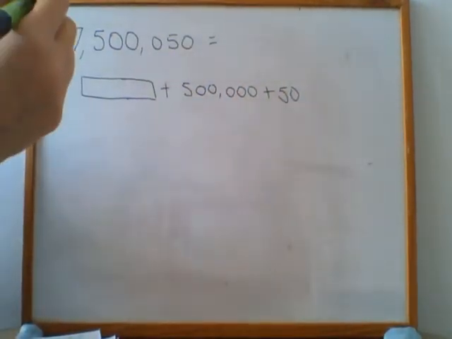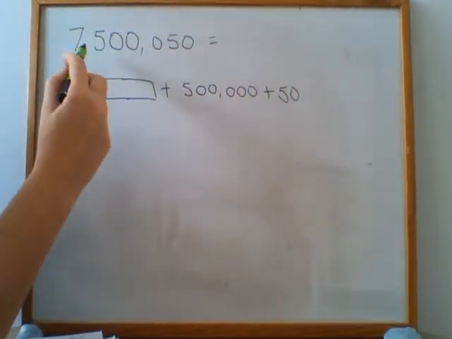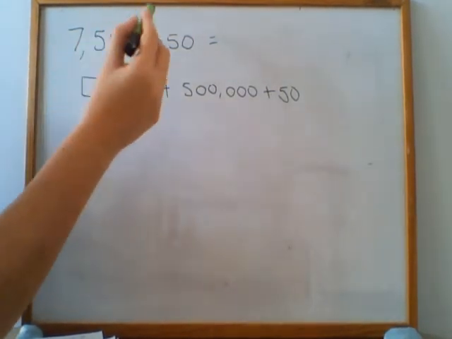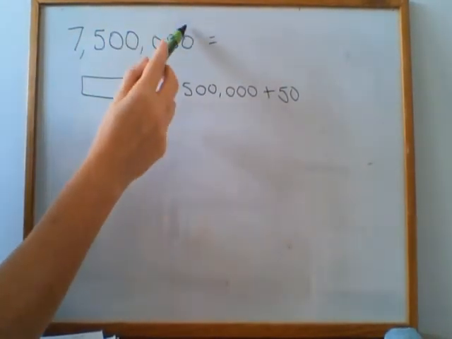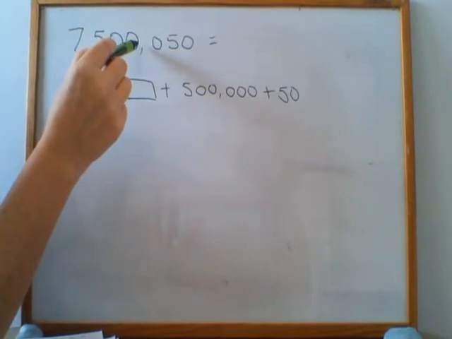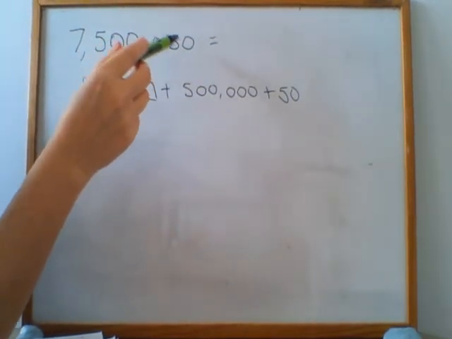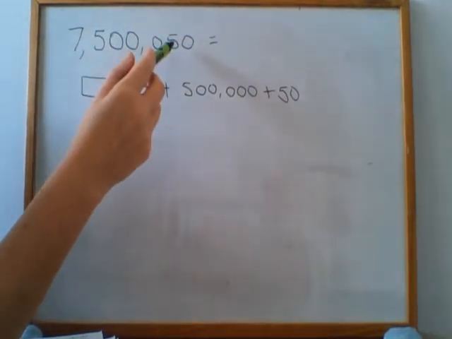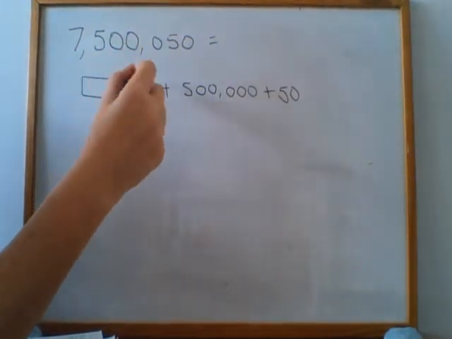Okay, so let's have a look at what that means. Probably the easiest way is to say this number out loud. You can use your placeholders to work this out. You should work out this number is 7,500,050. And when you say the number out loud, it helps you then to work out this.